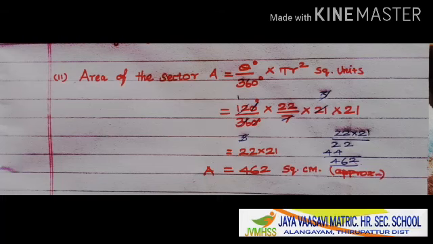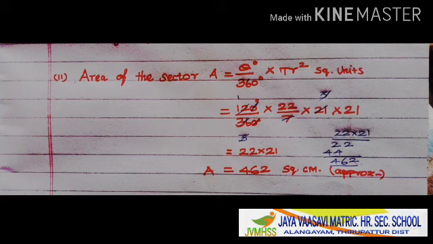Next we are going to find area of the sector A. Area of the sector formula is theta by 360 into pi r square units. Here also we substitute theta value as well as radius r value. So 120 by 360 into pi value 22 by 7 into r square value 21 into 21.